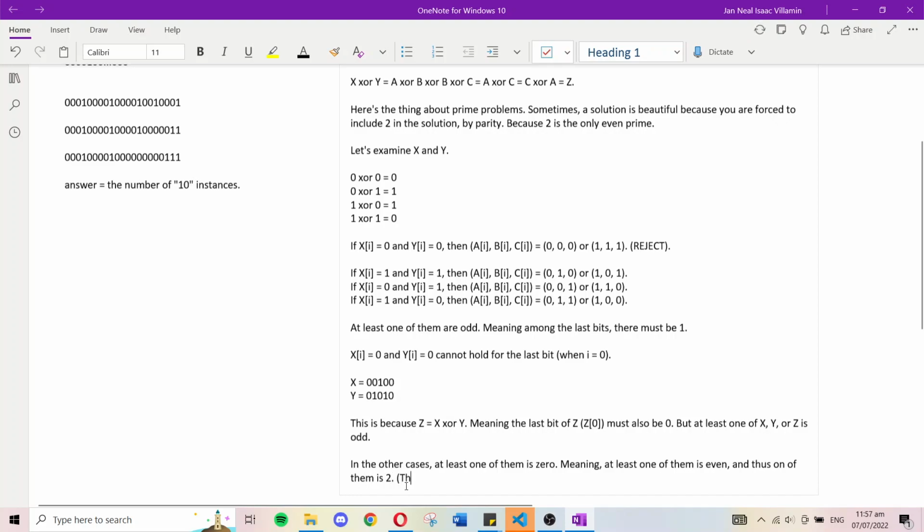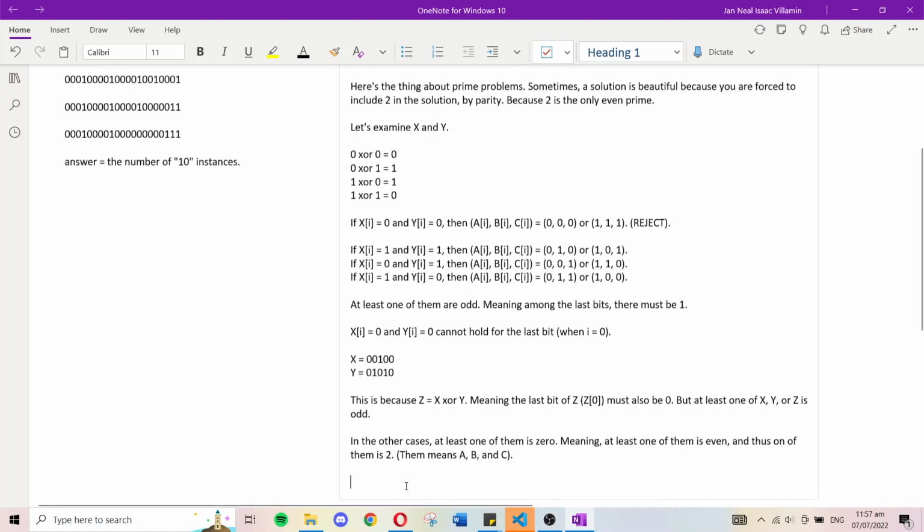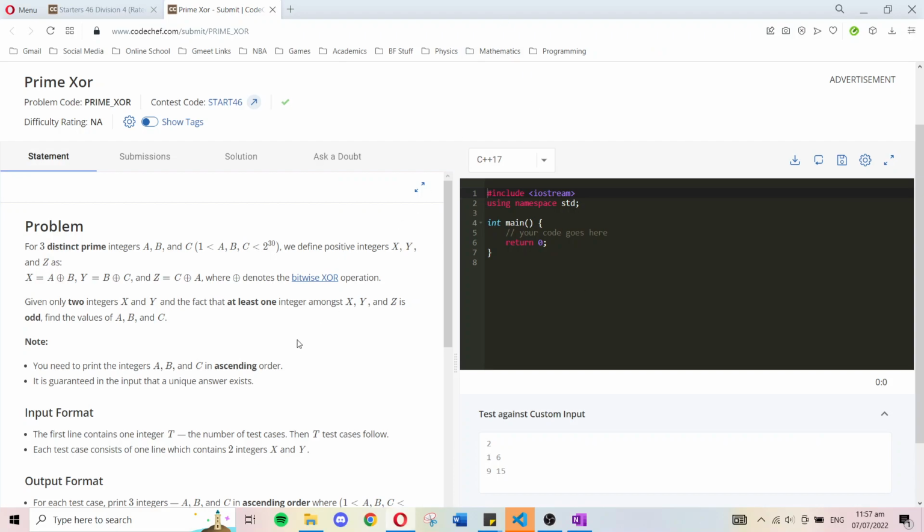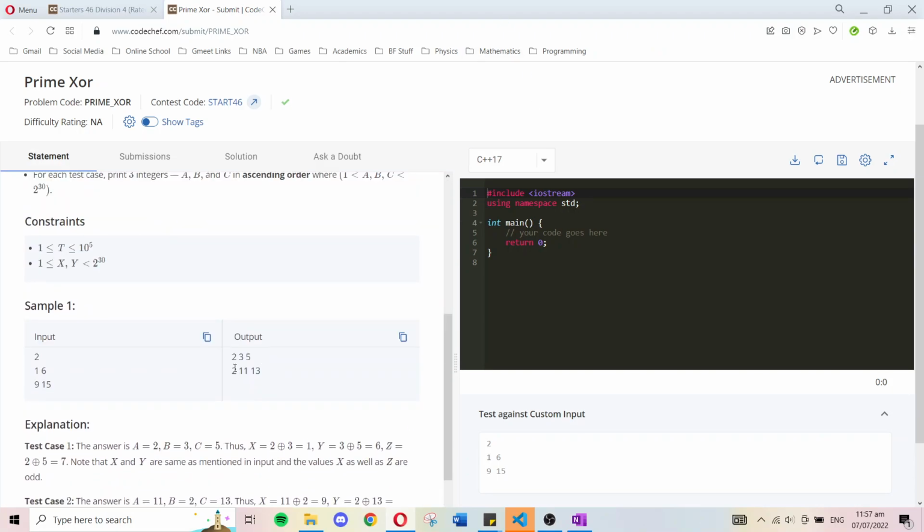So them means A, B, and C. So now one of them is 2. Right? One of them is 2. And that's why in the sample cases we have this.